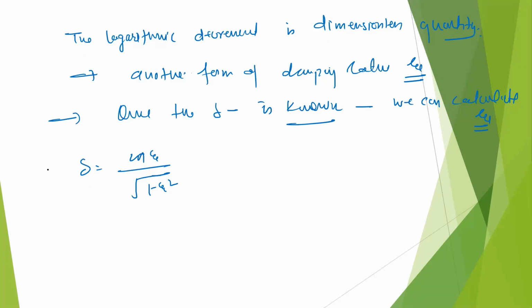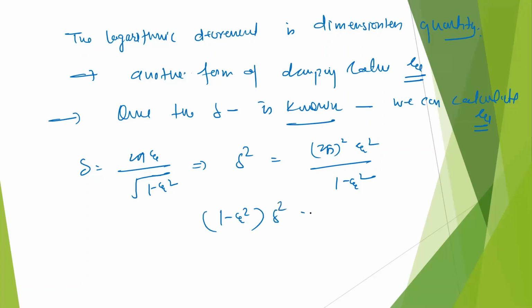If we square this equation on both sides, then delta square equals 2 pi square zeta square over 1 minus zeta square. If we simplify this, it becomes 1 minus zeta square multiplied by delta square equals 2 pi square zeta square, which can be written as delta square minus zeta square multiplied by delta square equals 2 pi square zeta square.